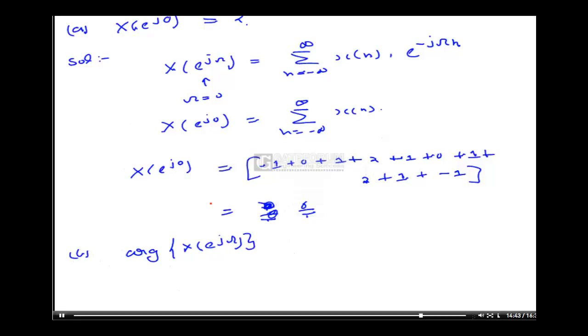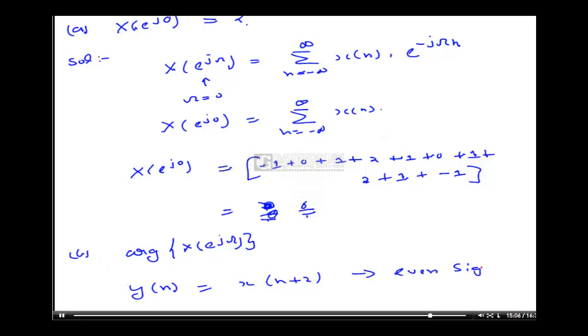Okay, how to find the angle of this? See, if we look at this expression, this is an even expression when y[n] equals x of n plus 2.